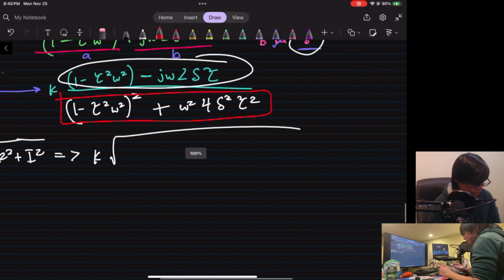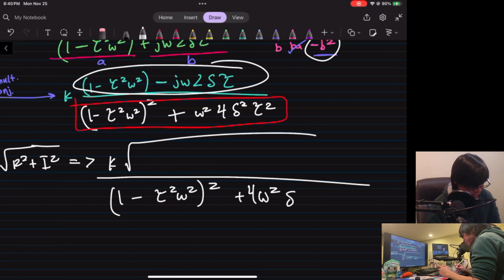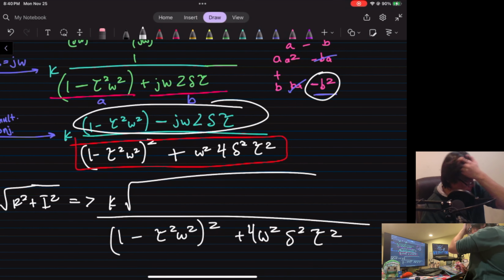Where are we? So I guess I'll write that at the bottom now. We have 1 minus tau squared omega squared, squared, plus omega squared, I guess 4 in front, why not, zeta squared tau squared. Now we're squaring the difference of these two up top.